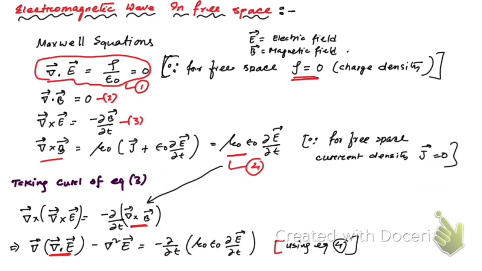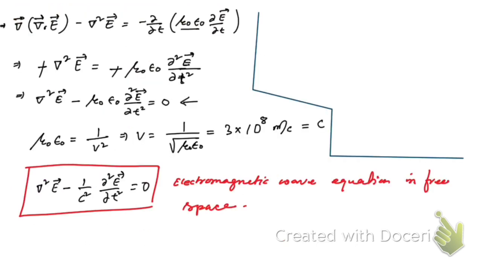So from this equation number 4, del cross B is equal to mu naught epsilon naught del E by del T, right? So from equation number 4, what we have got, that del cross B is equal to mu naught epsilon naught del E by del T. That's what we're going to have.